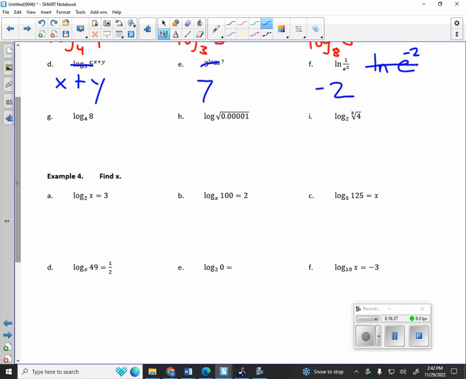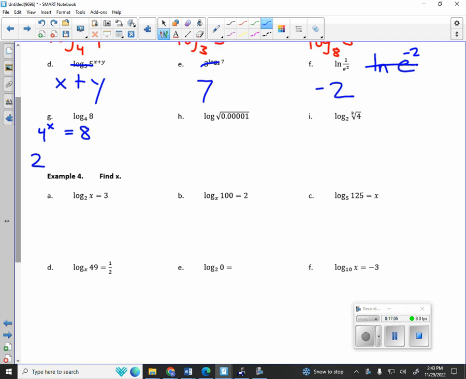Okay? Log base 4 of 8. That means 4 to some power is equal to 8. Well, 4 to the 1 power is 4, and 4 to the second power is 16. So it's got to be somewhere between 1 and 2, right? Let's try to figure it out. The best way to solve this is to create a common base. 4 and 8 both can be written as a common base. What number powers to both 4 and 8? 2. 2 squared is 4, right?